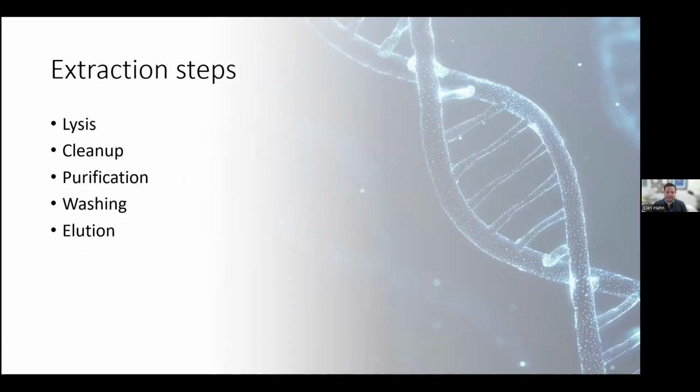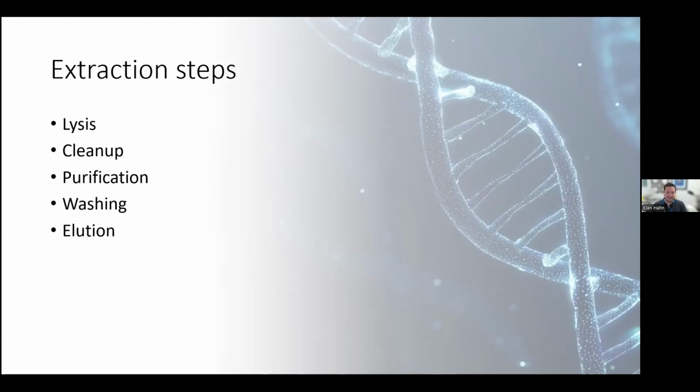Extraction has 5 steps. Lysis, breaking the cells; cleanup, getting rid of contaminating material; purification, getting just the nucleic acid; washing away unwanted material; and elution, freeing up our nucleic acid from what we're using to purify it.